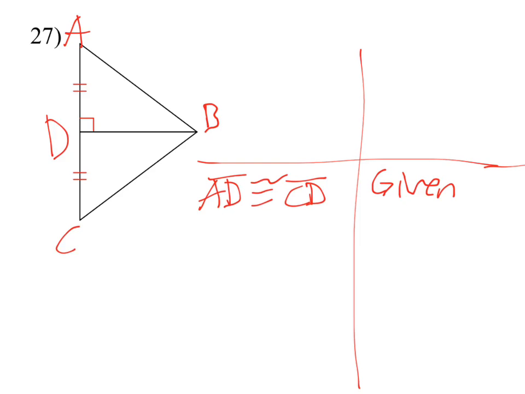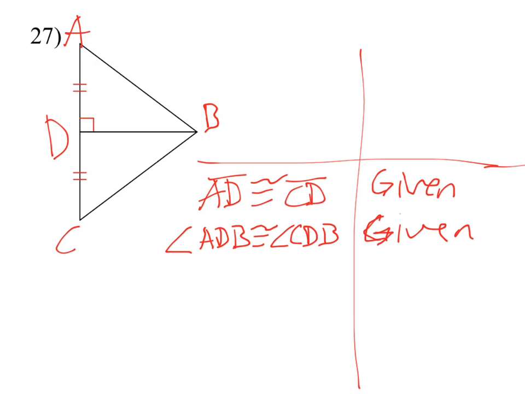And then I have two angles here that are congruent. You have a mark there, and since it makes a line, that one's also going to be congruent. So that's angle ADB congruent to angle CDB, and that's given. It's just right on the picture there.